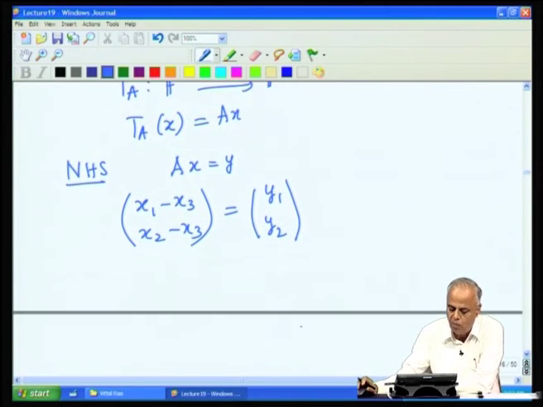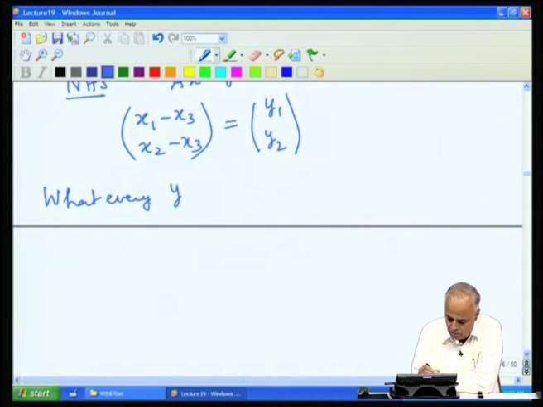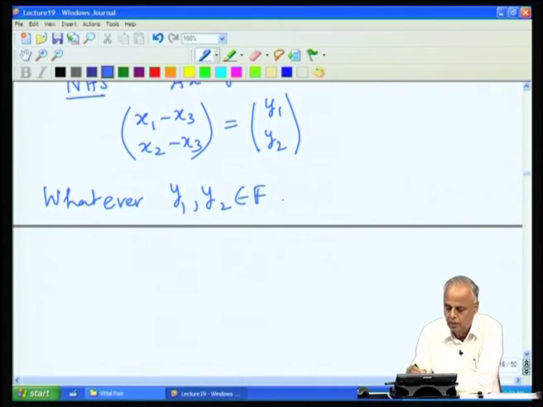We want to know for what y1 and y2 this system will have a solution. We see that whatever y1, y2 we choose in F, the system has a solution.